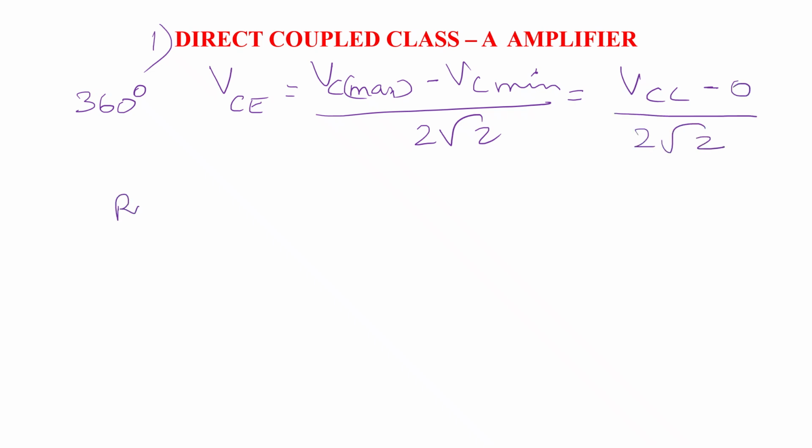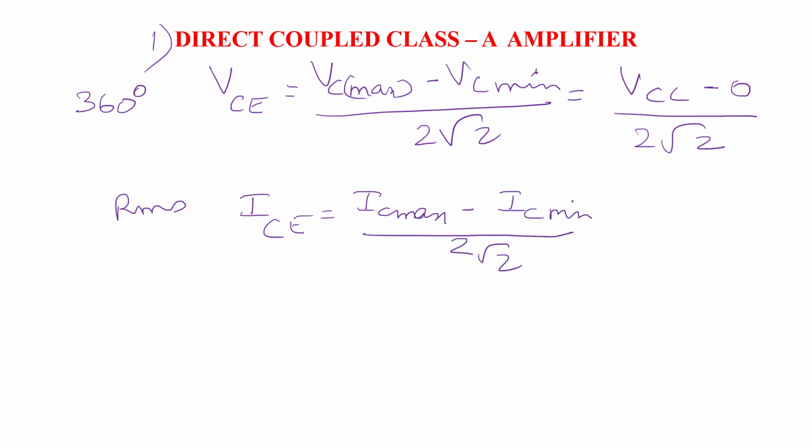The RMS collector current IC is equal to IC max minus IC minimum divided by 2 root 2, where IC minimum is 0. So the value is 2 IC divided by 2 root 2. The AC output power which we get is VCE into IC.